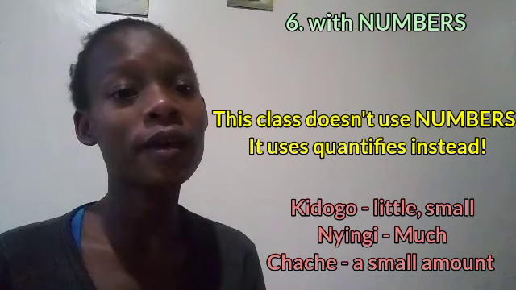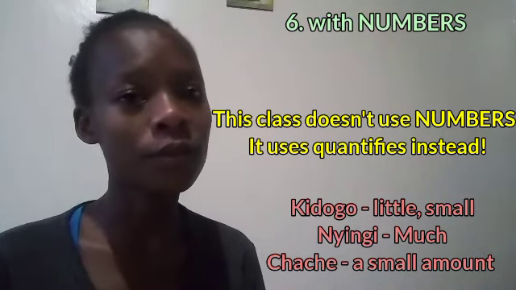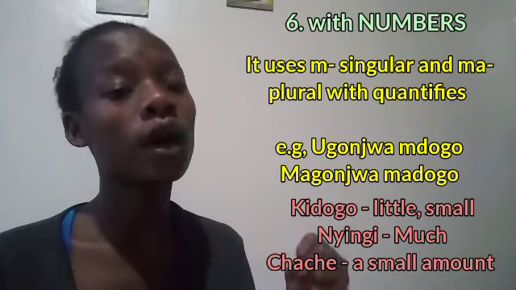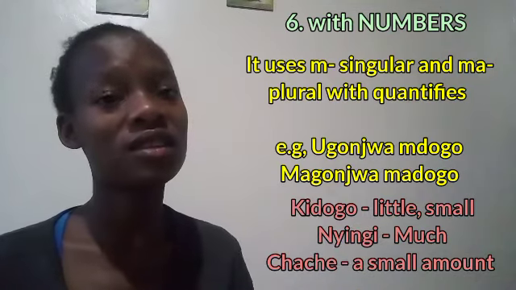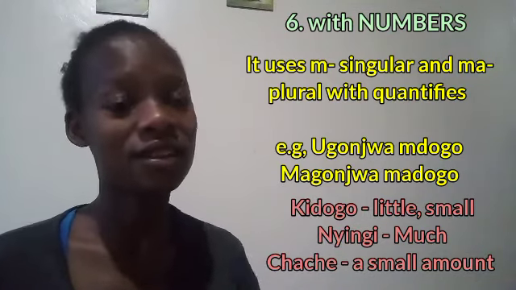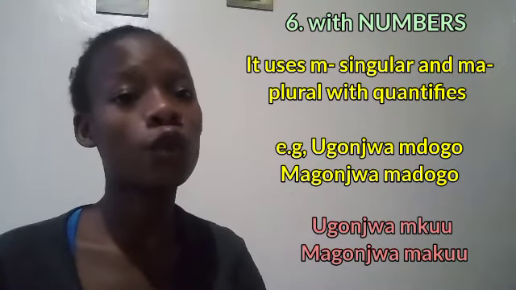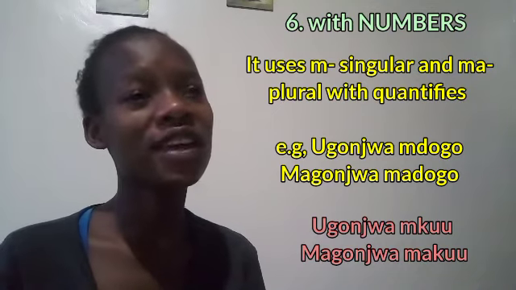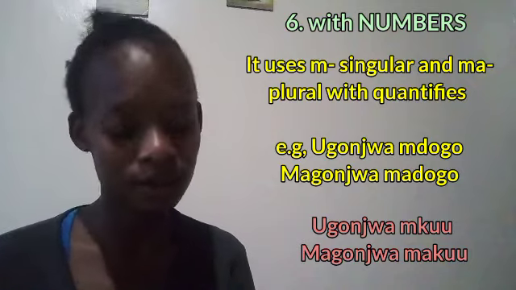Don't fail to know them because you will be left behind in your Swahili. For example, ugonjwa mdogo, magonjwa madogo. A small disease, small diseases. Or ugonjwa mkuu, magonjwa makuu. A very bad disease, very bad diseases.